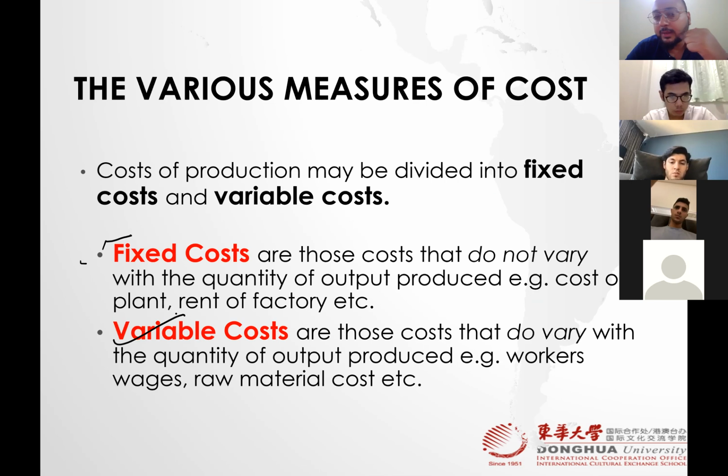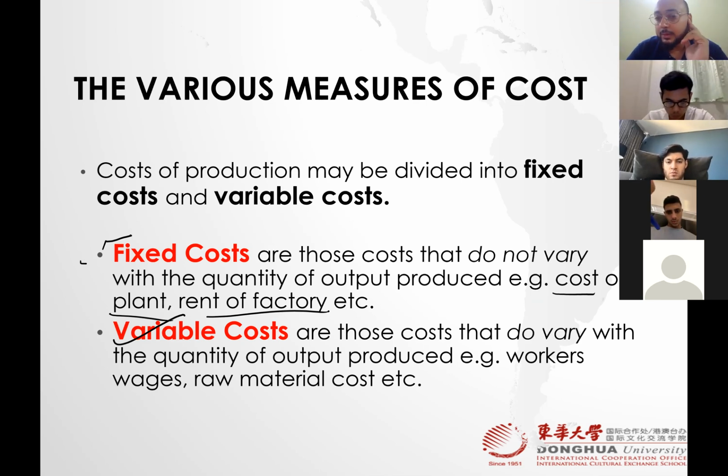We talked about that the fixed cost is that cost in which, if we increase or decrease our production, which means output, the nature of this cost or behavior of this cost is that it remains fixed. In totality, it does not increase or decrease with the level of output produced. For example, cost of plant, rent of the factory.